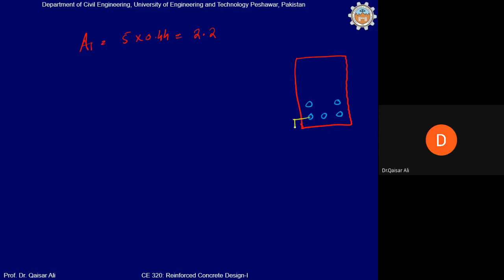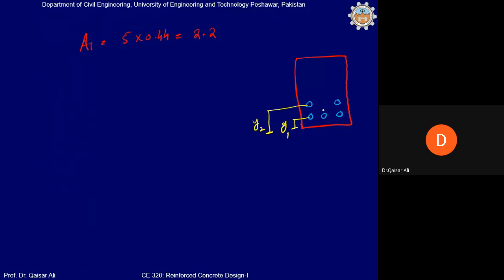First of all, we will calculate the centroidal distance of first layer, which is denoted by y1, and centroidal distance of the second layer denoted by y2 from the extreme tension fiber.